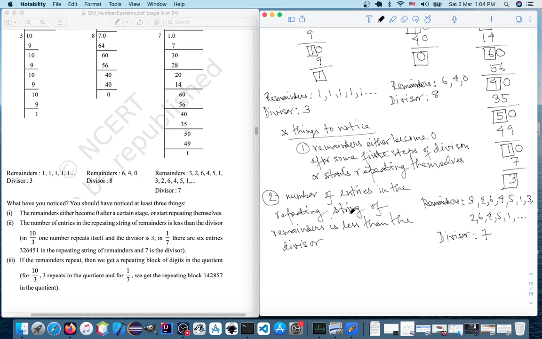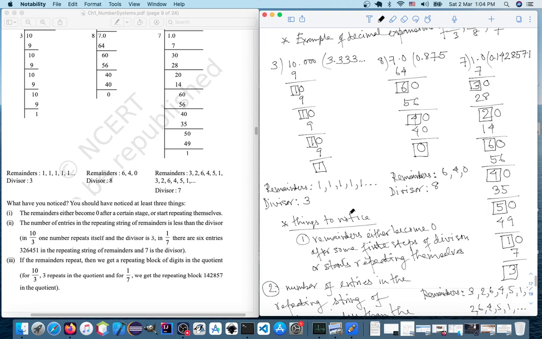I hope you understood the concept of the repeating string of remainders. I will once again explain. The repeating string of remainders is the collection of remainders which is repeating. In the first case, the remainder 1 is repeating again and again: 1, 1, 1, 1.